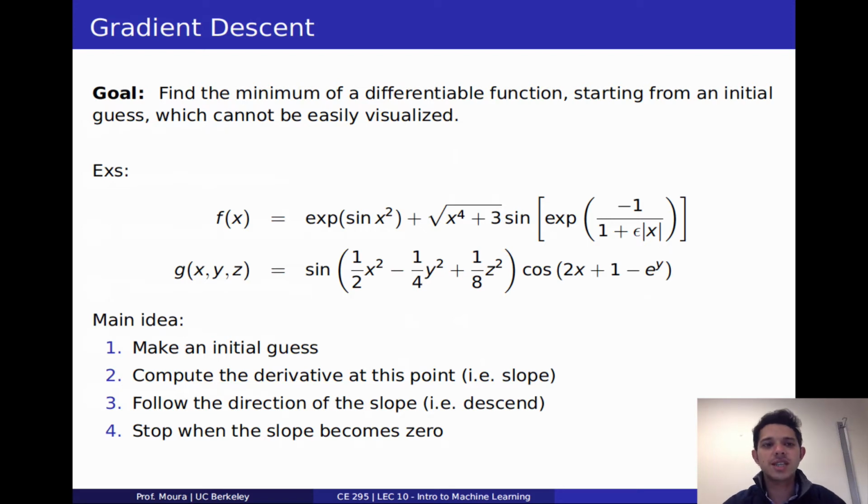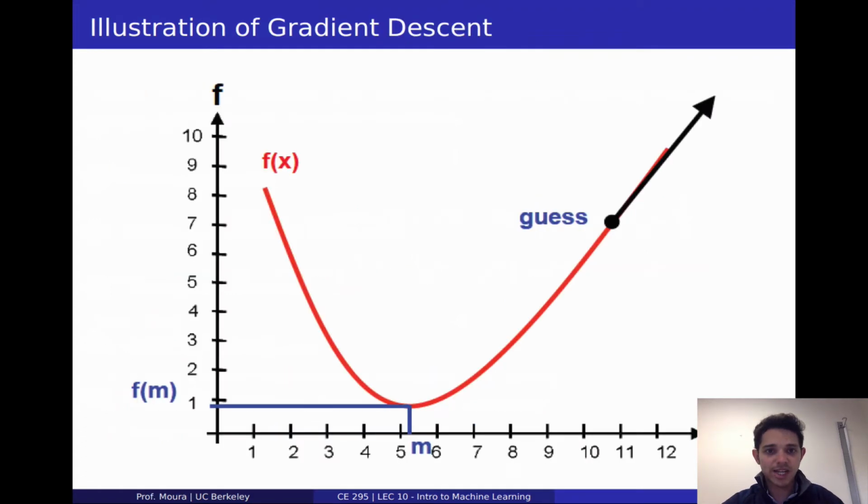In other words, you're going to take a step that descends most steeply. Okay, take a step of steepest descent from your initial guess. Then you reevaluate the derivative, compute the slope, follow the direction of the slope in a descending direction, and then you keep iterating, and you stop when the slope becomes 0. And that's, in simple words, what gradient descent is.